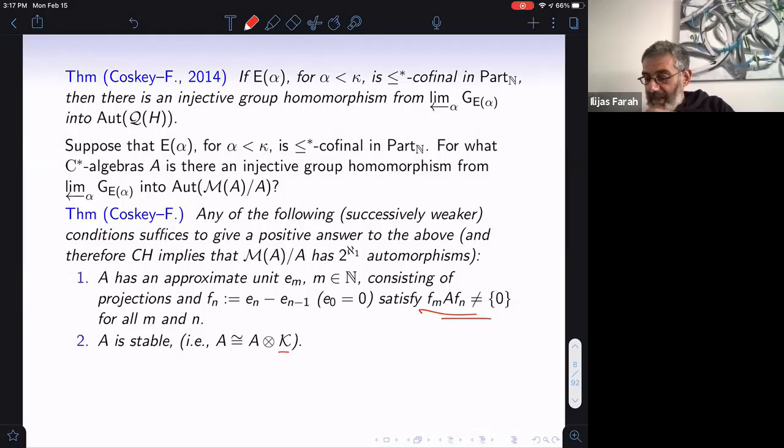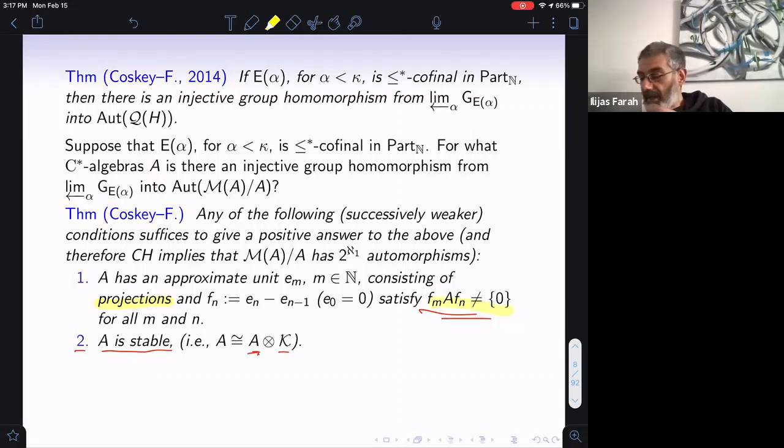But note, I'm just assuming that A is stable, not that it is a tensor product of compacts and something unital. In other words, these don't have to be projections. You just need an approximate unit which satisfies this.